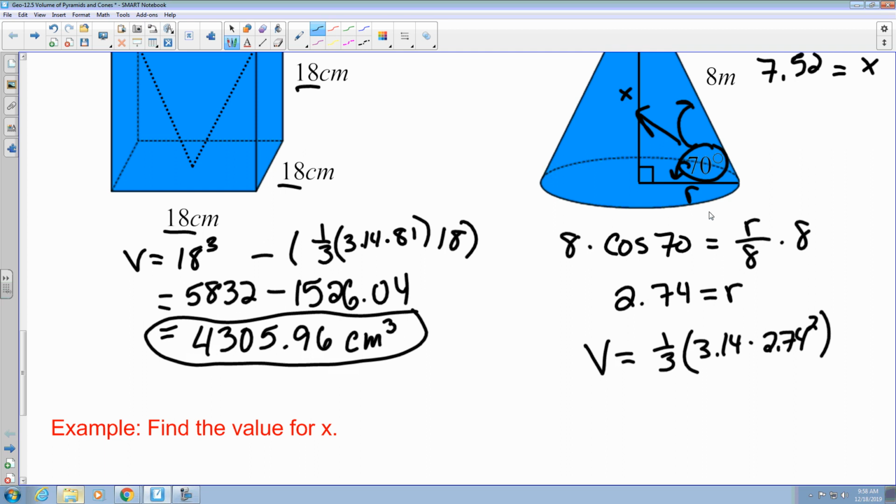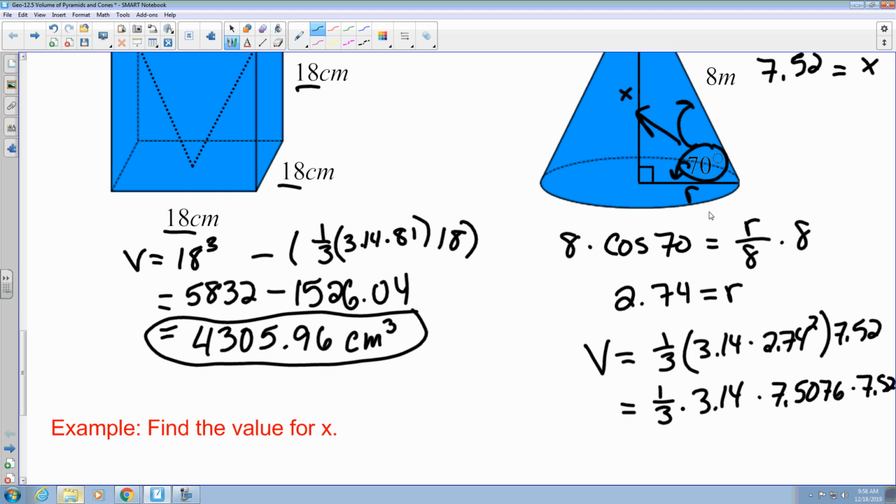So my height is 7.52. So now I go over here and say this is 1/3 times 3.14 times 2.74 squared, which is 7.5076, times 7.52.